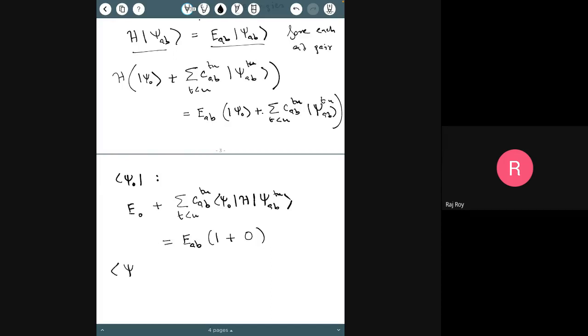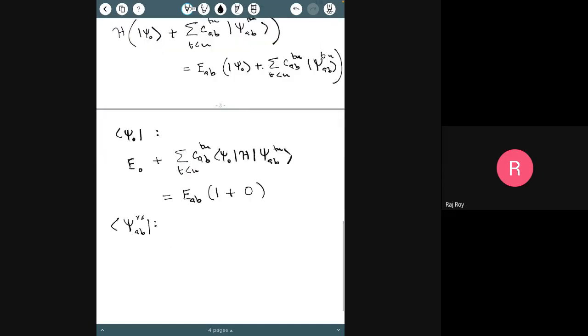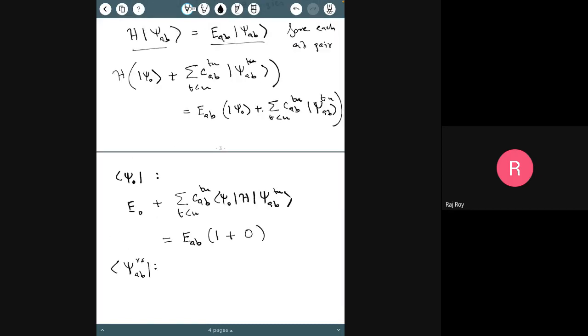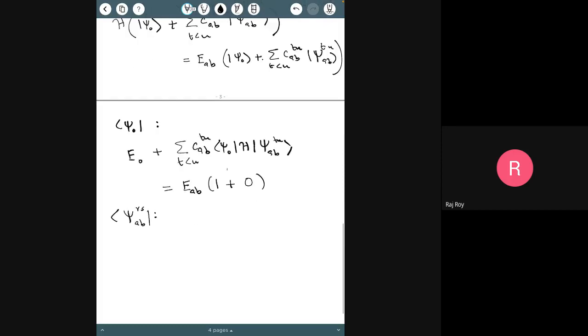And then I project now with the excited determinant, where the AB pair has been excited to the RS pair, and there this is 0. Then the first term is 0. Then the second term is psi AB to RS H psi 0.